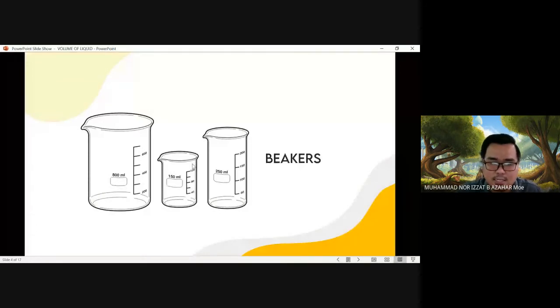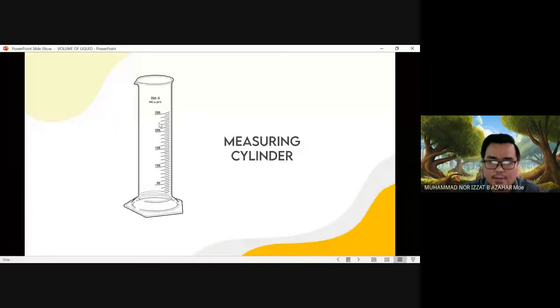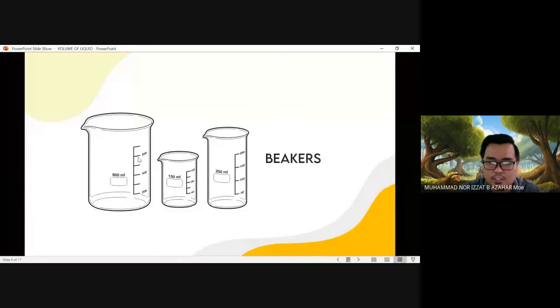Okay, what is the difference? As you can see here, unit yang digunakan dia lebih spesifik, this one, measuring cylinder. Compared to beakers, it only show in hundreds, 200s, 300s, 400s, and so on. And it is in different sizes, which means some can store more liquid.